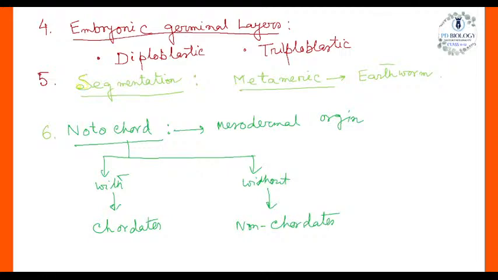Okay, so we move to the classification of animals, starting with Porifera. So first group, Porifera. These members are commonly known as, what's the common name of Porifera? The sponges.